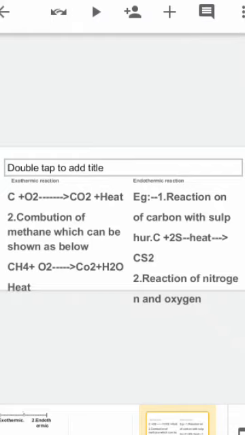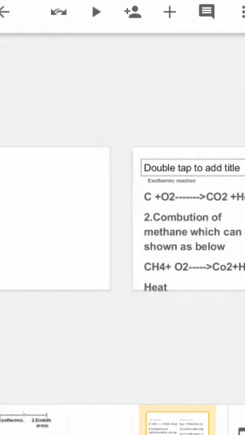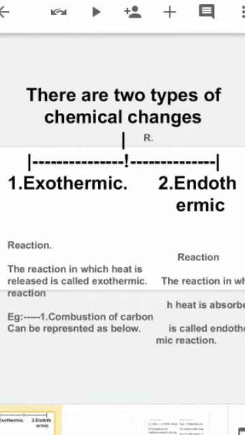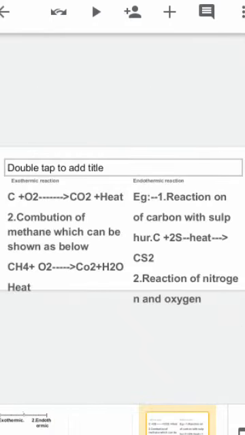And endothermic reaction. Example of endothermic reaction. Look here students.